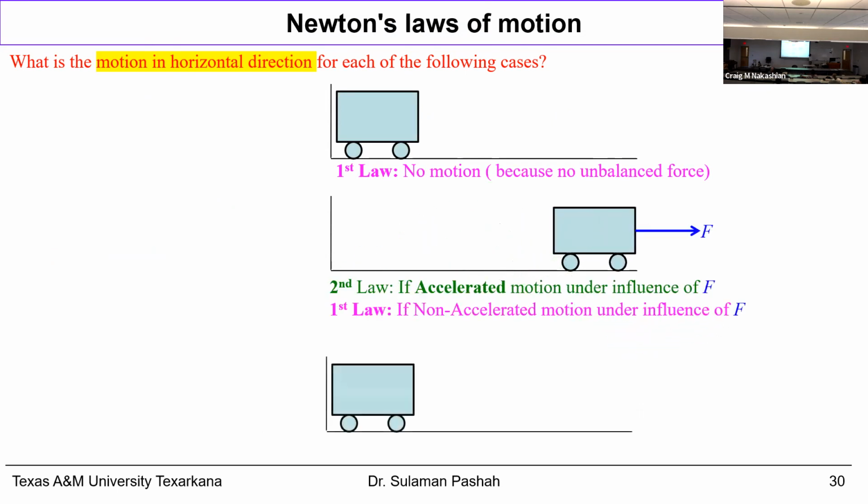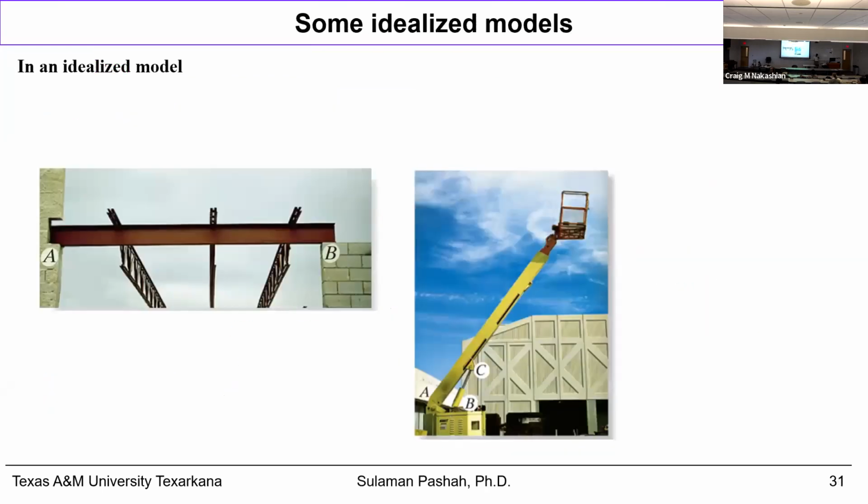But if a body is held with the support and I'm trying to move it, it will not move. Why? Because naturally, this support is providing a reaction in order to not move. So that's how I can better explain the three laws of motion of Newton, and this is the base of mechanics. And then I can show them how to use this information for analysis of actual structure.